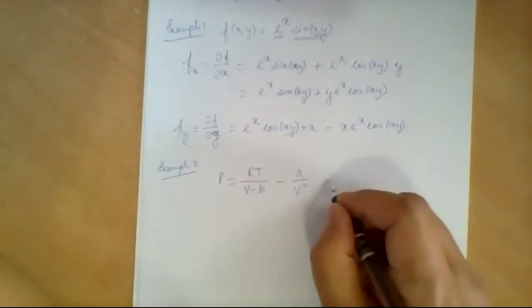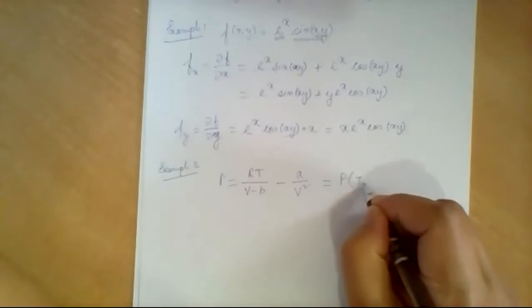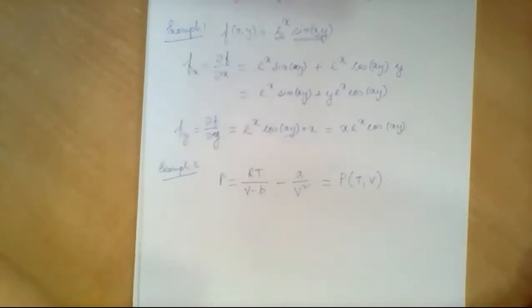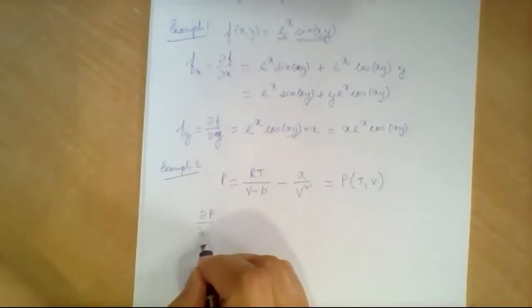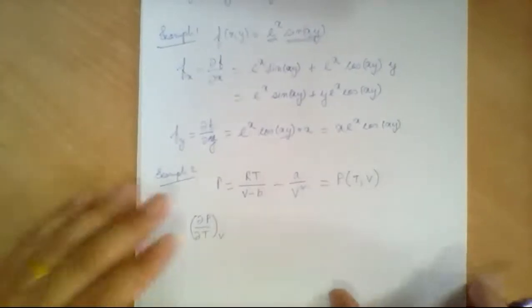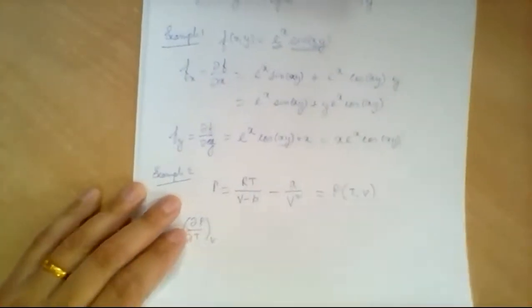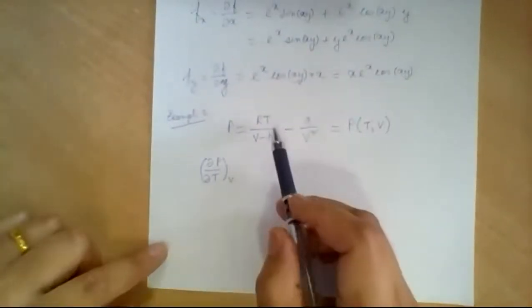Here we can see that the pressure P has been expressed as a function of temperature and volume. So let us take the partial derivative of P with respect to temperature, del P by del T at constant volume.